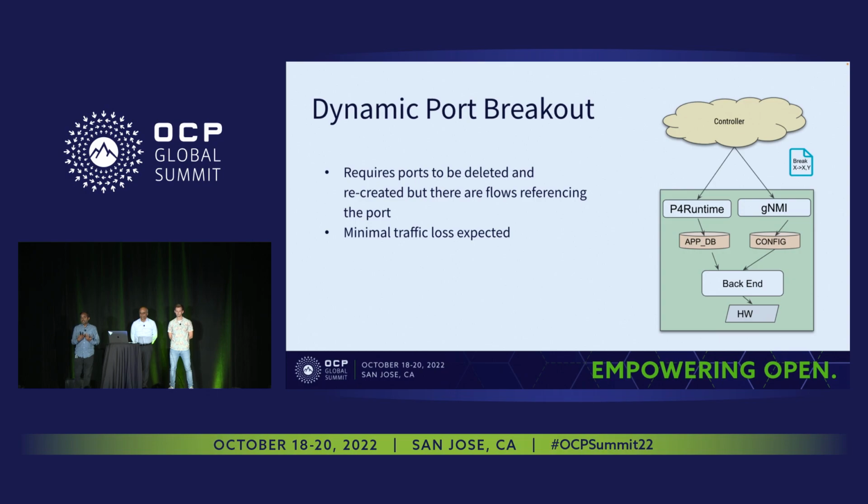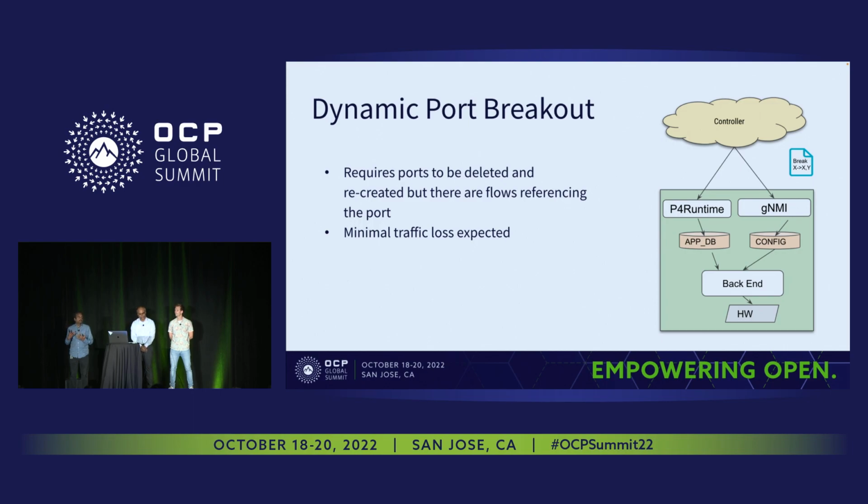We leverage that and check whether there are any flows referencing, and then the gNMI front end can either accept the config or reject the config, saying that there are flows referencing those ports.